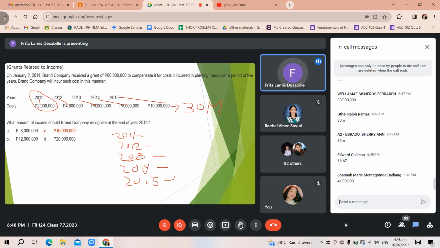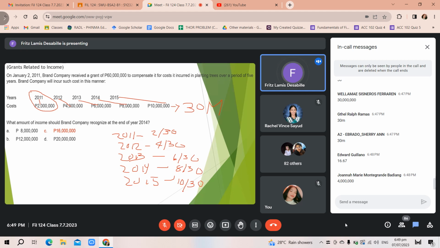Oh, 16.67, no? 2 million over 30. So similarly, naa tay 4 over 30 in 2012. In 2013, 6 over 30. In 2014, 8 over 30. In 2015, 10 over 30. Mao ni siya itong fractions nga gamiton.